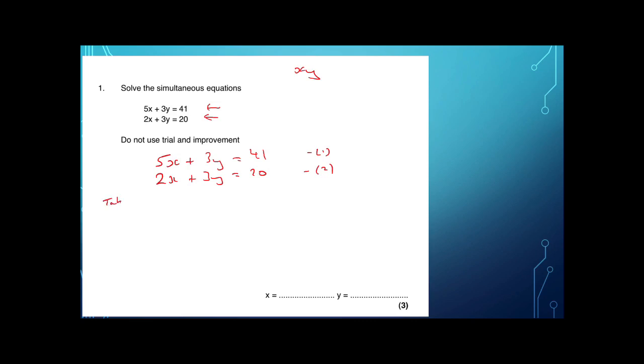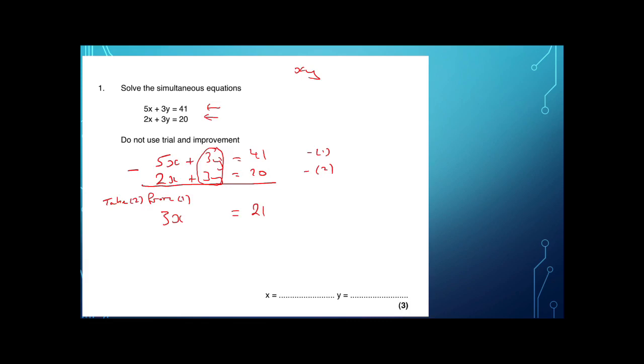I'm basically subtracting down, and the reason I've done that is because 3y take away 3y is going to eliminate the 3y. So 5x take away 2x is 3x, 3y take away 3y is 0, and that's what I wanted. And then 41 take away 20 is 21.